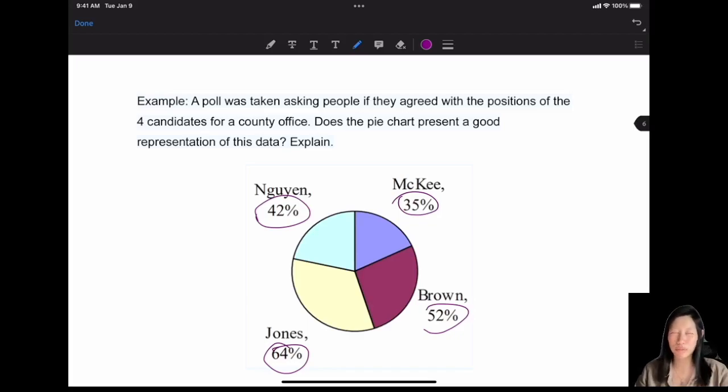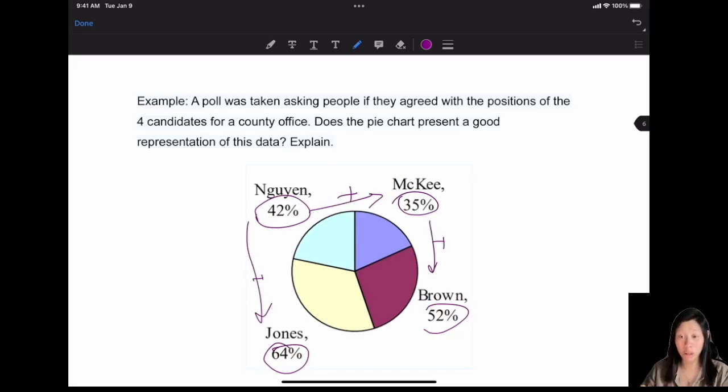That looks really reasonable. However, there's a catch. For the pie chart, the total of these percentages should equal 100%. But this one has already exceeded 100%. So I would say this chart doesn't present a really good representation of the data. They must have calculated something wrong.